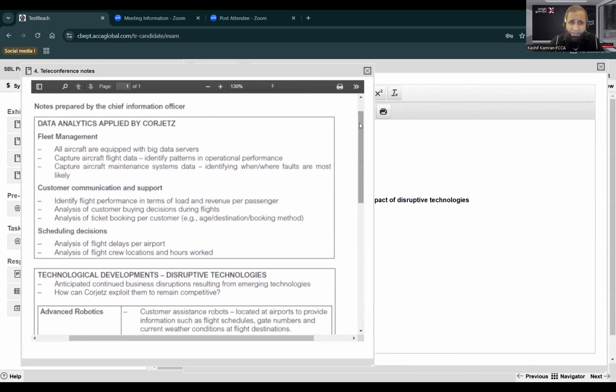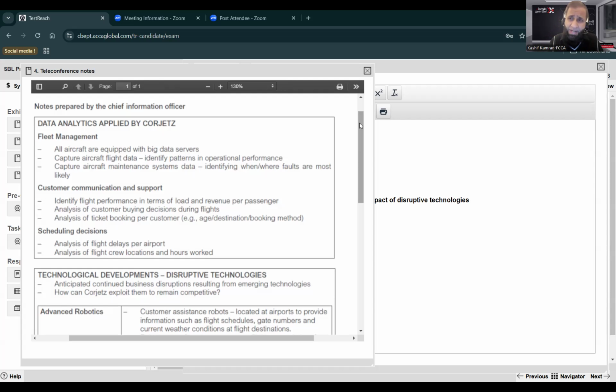Notes prepared by the CIO. Data analytics applied by Courgette: fleet management, customer communication and support, and scheduling decisions.